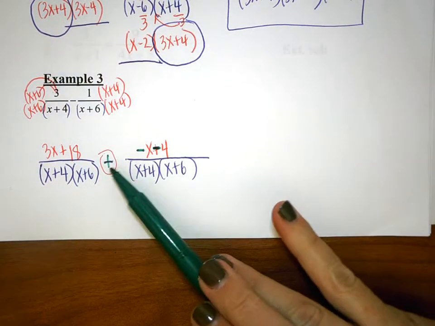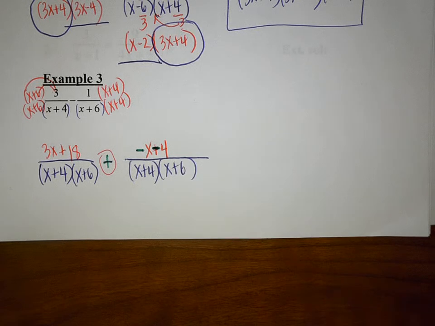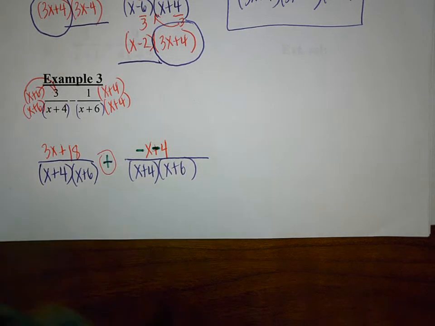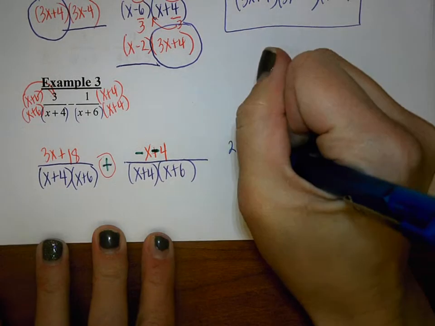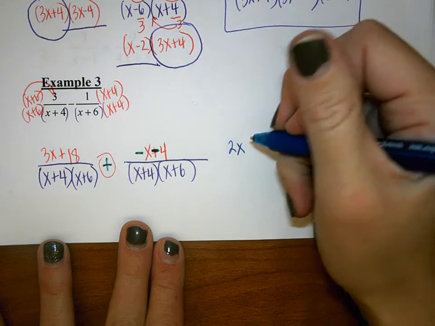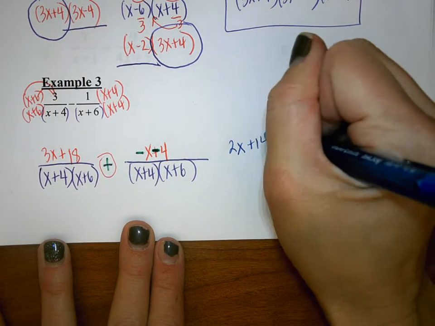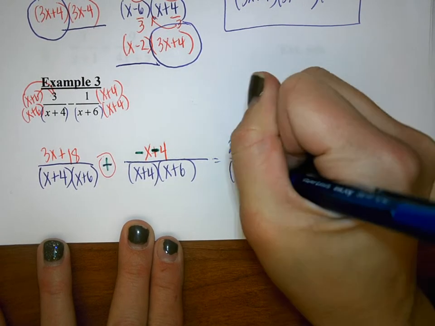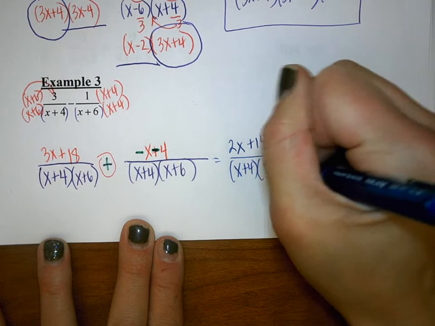So anytime you have a minus there, you need to distribute it to everything on top. Now you can combine your like terms. So 3x minus x makes 2x. And 18 minus 4 is 14. And this is over x plus 4, x plus 6.